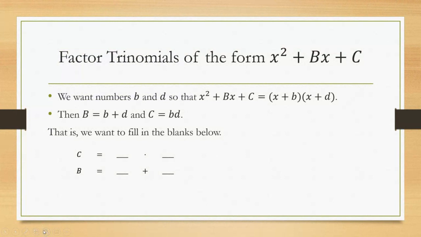What we're going to look at now is factoring trinomials. I know we started this last time, but I want to start from here. So basically, suppose you have this kind of trinomial: x squared plus b times x plus c.